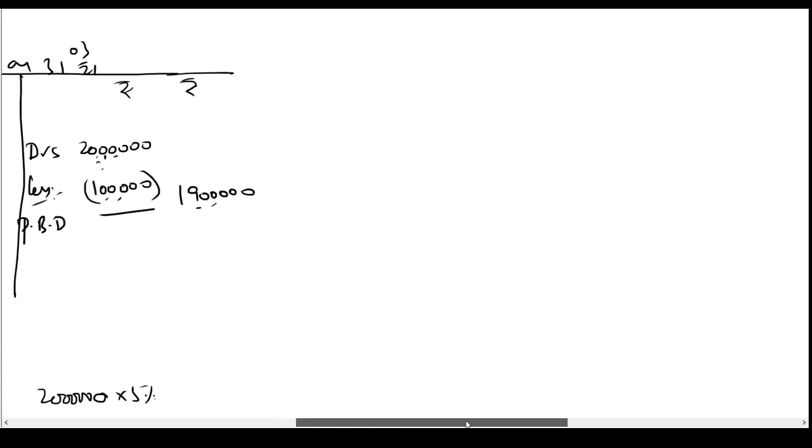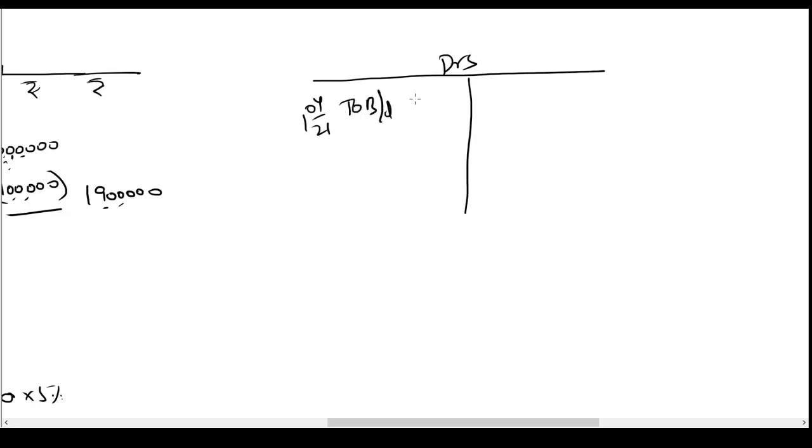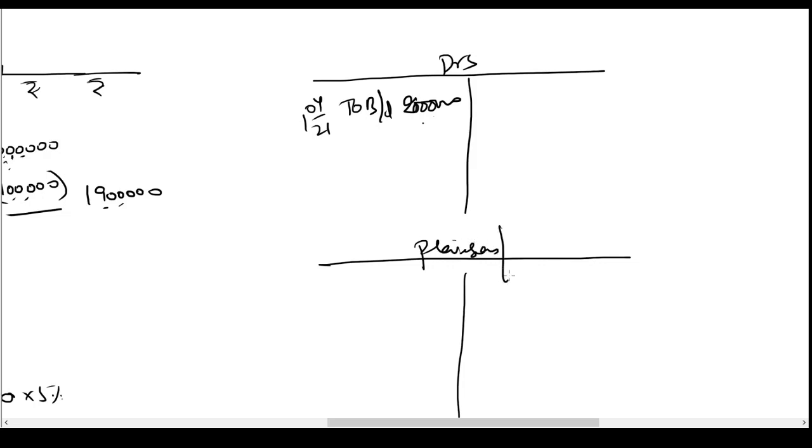Next year, in the next year's books, what will happen is when we open the books of accounts for next year, debtors account, 1st April 21, that is the beginning of the next year, I'll open with the full balance. To balance brought down 20 lakhs, and provision for bad debts account will reopen with a balance of rupees 1 lakh.